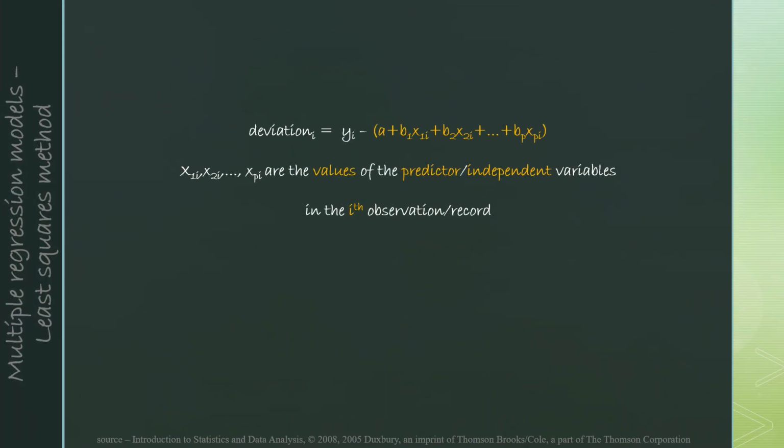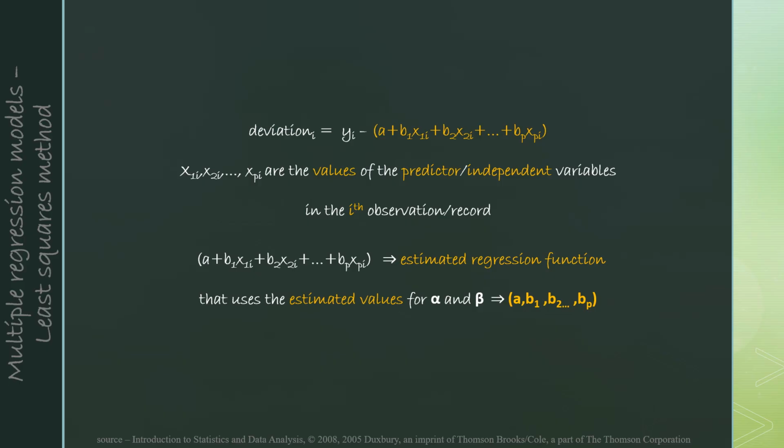Deviation_i equals y_i minus (a plus b1 multiplied by x1i plus b2 multiplied by x2i plus and so on plus bp multiplied by xpi), where x1i, x2i and so on xpi are the values of the predictor or independent variables in the ith observation or record in the sample.